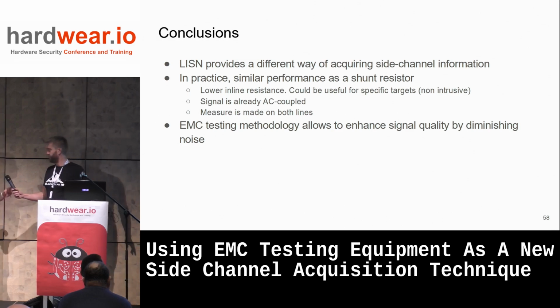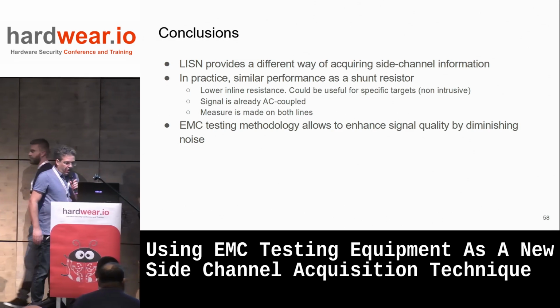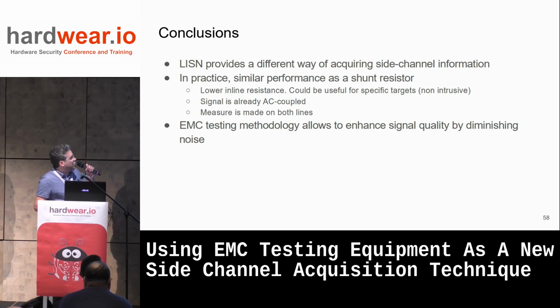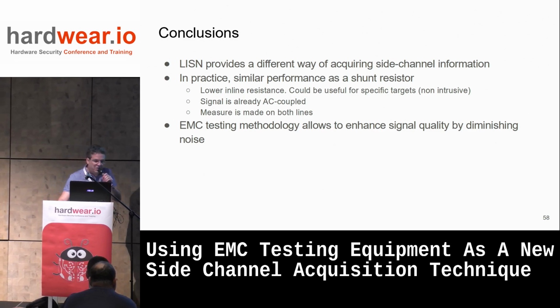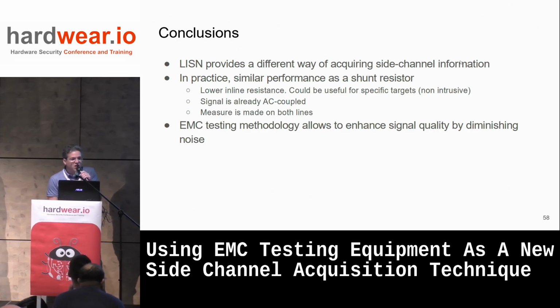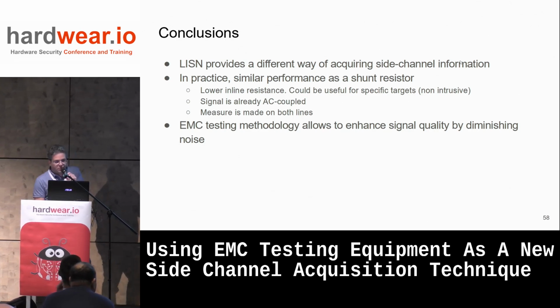So in conclusion, we see LISN provides a different way of acquiring side channel information. In practice, similar performance as a shunt resistor.